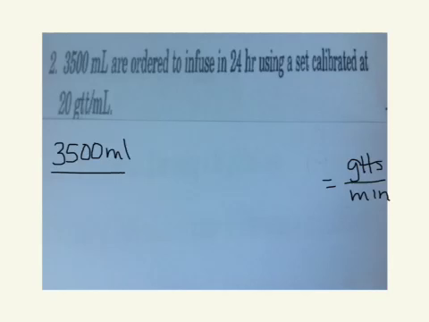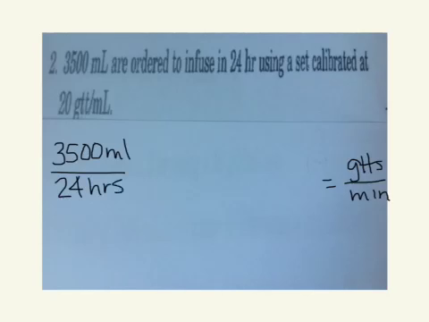So you're obviously going to end up at drops per minute. That's what your answer is going to be in. And then start with the volume that you need to get in, 3,500 milliliters, and you want to get it in over 24 hours.